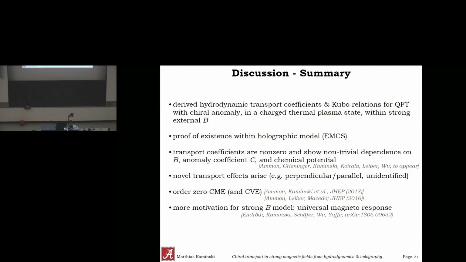We find that these coefficients depend on B, on the anomaly coefficient, and on the chemical potential. We find there are novel transport coefficients, which I didn't have much time to get into. Then we find that there are order zero cousins of the chiral magnetic and chiral vortical effect, which I showed in the very beginning, which already is done here.